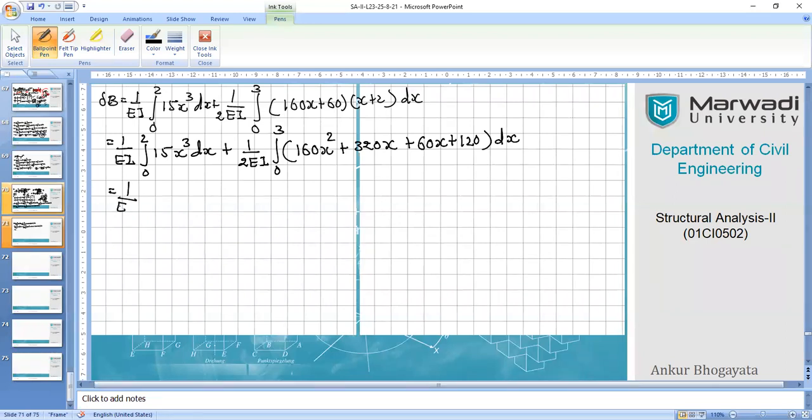Again, we need to write down 0 to 2, 15x cube dx, because there are few chances to further simplify this equation. 0 to 3 meters, 160x squared plus 380x, right, plus 120 dx. Is it okay?